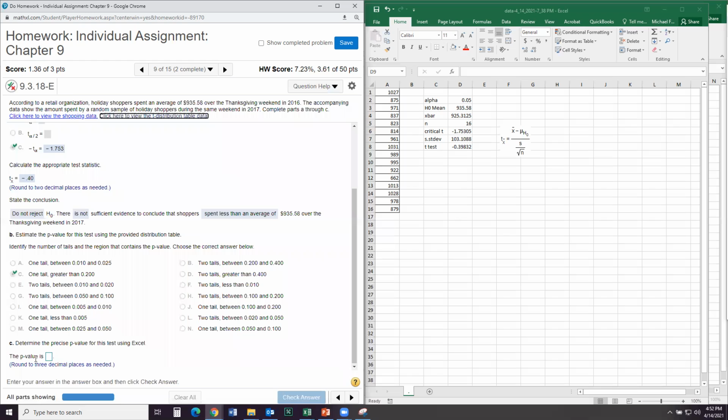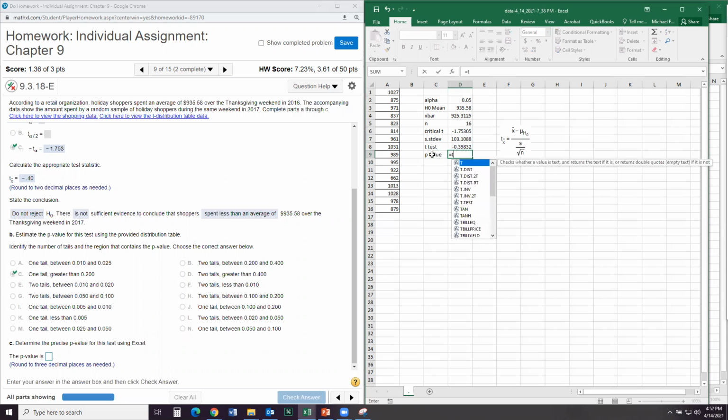Then it says to use Excel to find the actual p-value, which is what I normally do, which is why I was confused by that one. There I'm just going to use equals t dot dist. For x, I'll use my t-test. Then for my degrees of freedom, I'll do n minus 1.